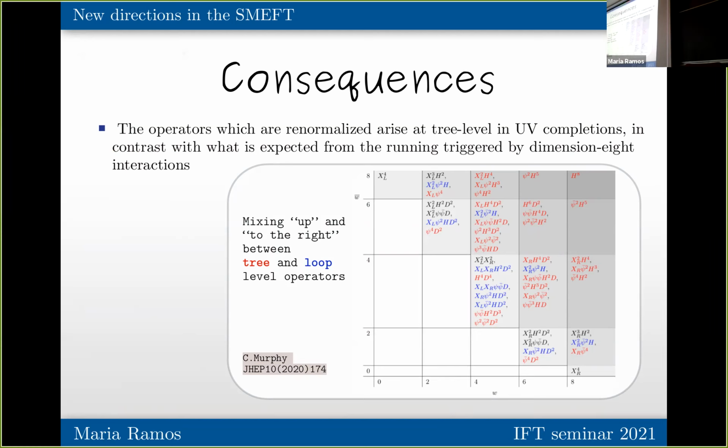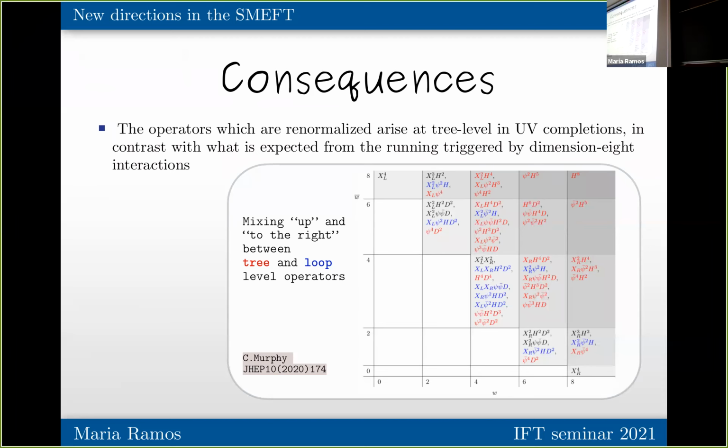This is something I wanted to mention because we wouldn't expect this from the non-renormalization theorems, which exist for the contribution from the dimension 8 operators alone to the RGE of the dimension 8. What you see from these theorems is that there is generically mixing from tree and loop level operators, as represented here in this lattice.